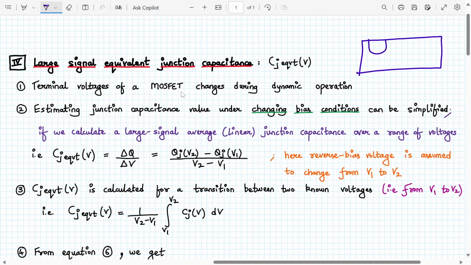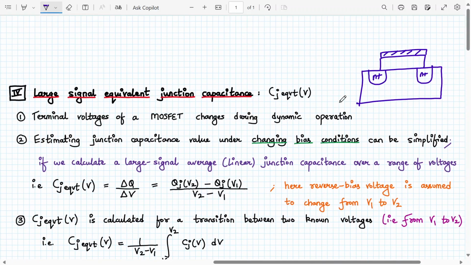This is the N plus source, N plus drain, and we have the gate terminal over here. This is the P silicon substrate. This is my gate, and this is my source and drain terminal.